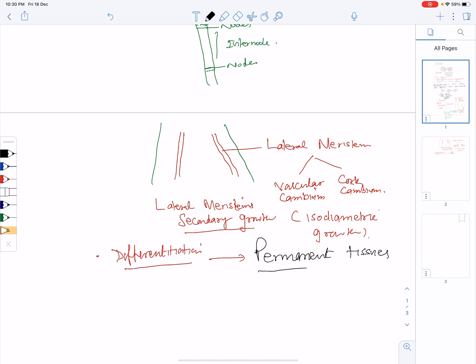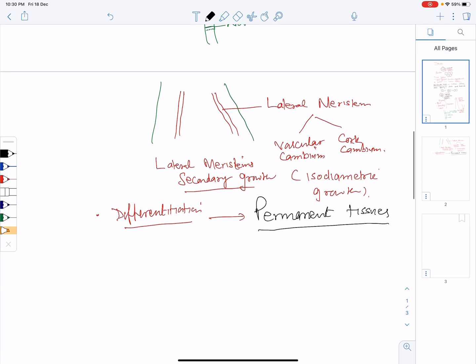Permanent tissues are formed after a process called differentiation. So these are derived from meristematic tissues. Meristematic tissues have the capacity to divide and redivide, so they will help in multiplication of the cells. Then they will undergo differentiation, then they will get converted to permanent tissues.